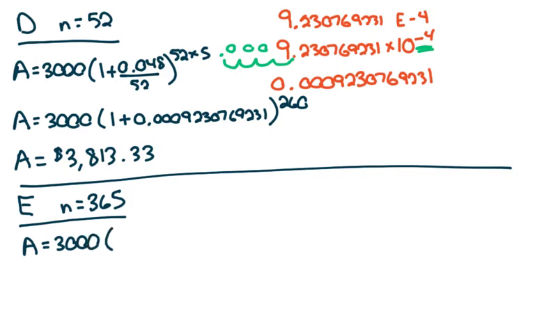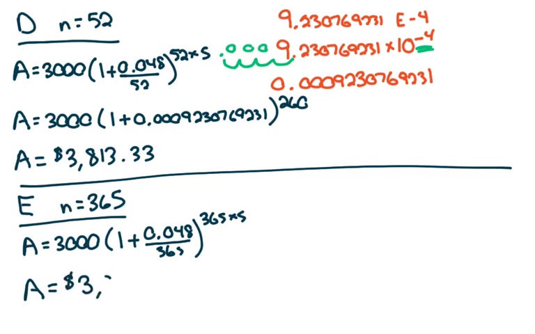P is still 3,000. 1 plus 0.048 divided by 365 to the power of 365 times 5. Again, skipping the calculation, because it's the same as it always has been, we get $3,813.69.